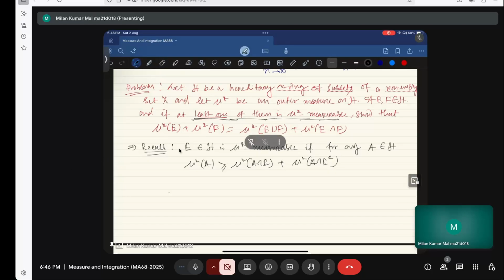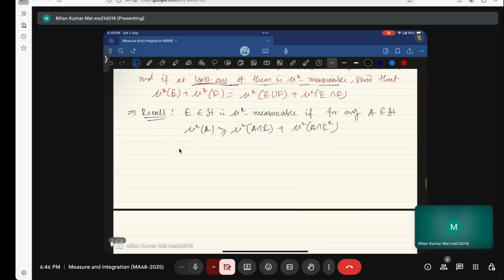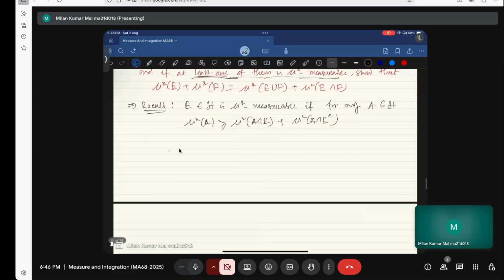Okay, so we are here. Therefore, E is mu star measurable if for any A belonging to H the condition holds. So let's first assume that E is mu star measurable, since it says at least one of them is mu star measurable.